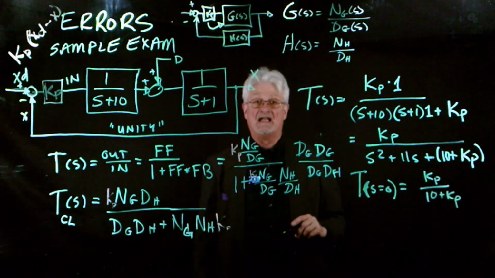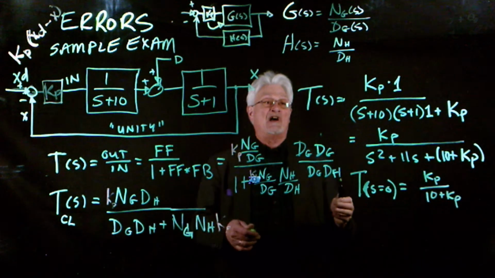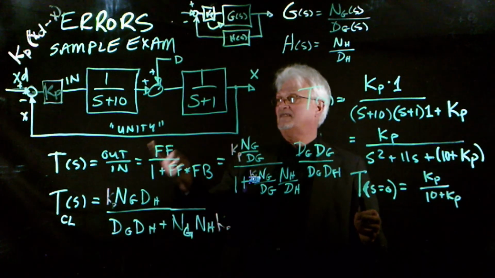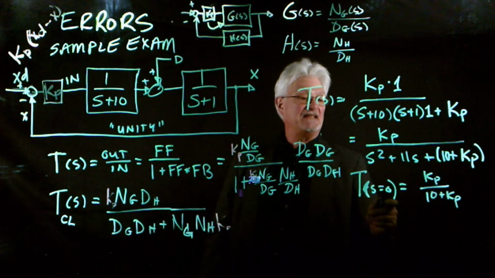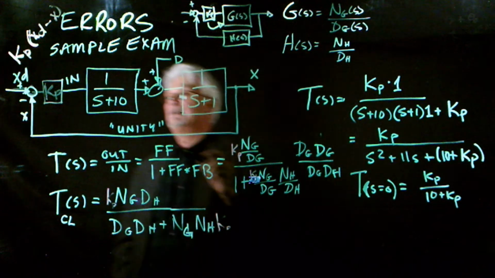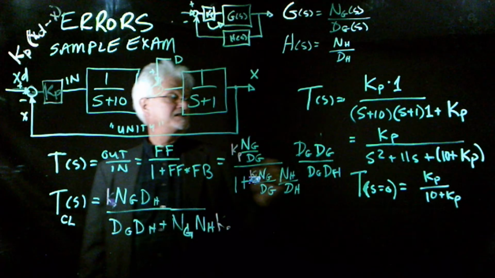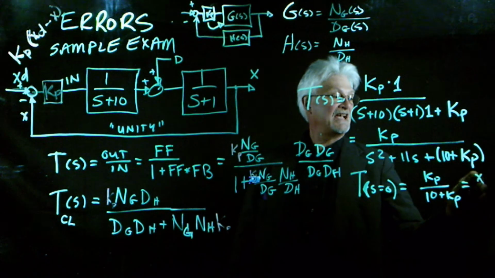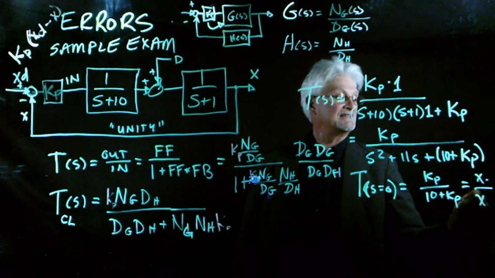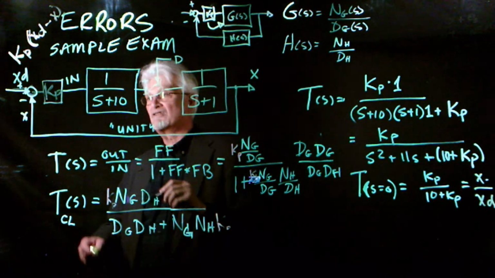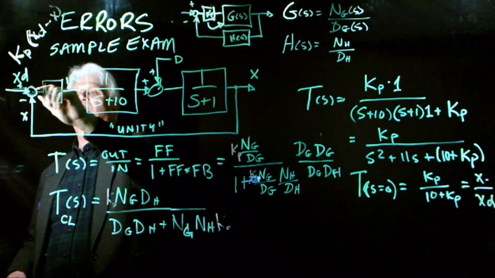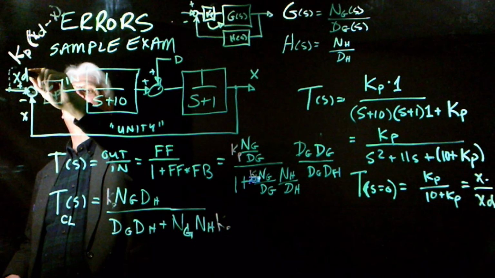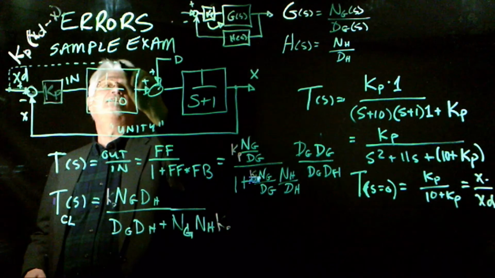Right, so we can figure that out. Now, if I want to know what the error is, this is the transfer function, which is x over xd. Then if I'm looking at the error, sometimes what we'll do is just put a little line here. We'll say, I want to know what the error is.